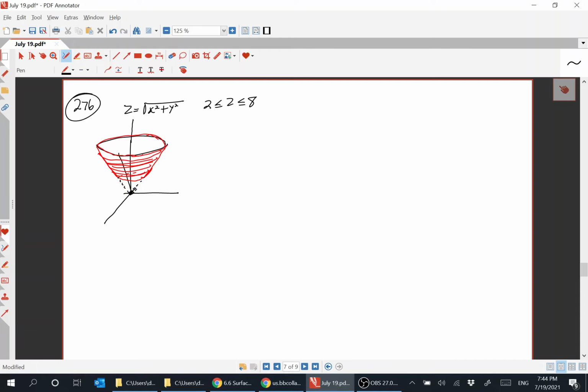Okay, so again, two parameterizations. So one, standard parameterization, r of x, y, because it's z equal to f of x, y: x is x, y is y, and z is f of x, y.